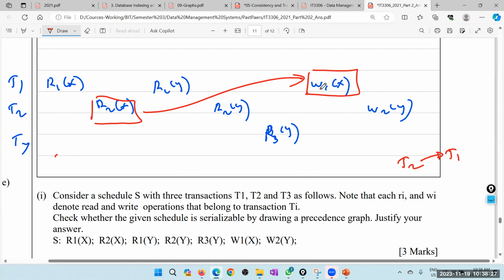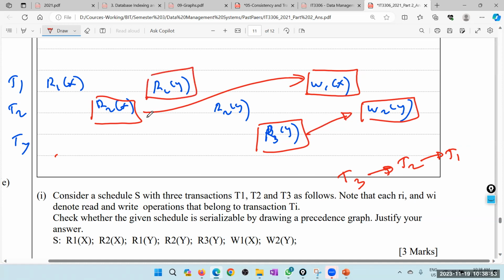And this is Y. And then we have write 2y. And this is read 3y. And read to write. So that is T3 to T2. Right? Two different transactions, same data, one of the operations is a write. And see whether there is anything else. So this is write y, this is read y. And two different transactions, one of the operations is a write.